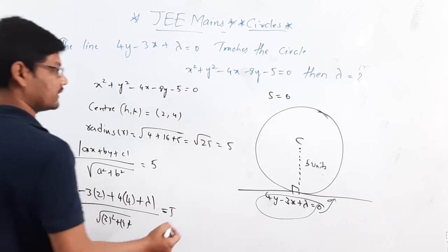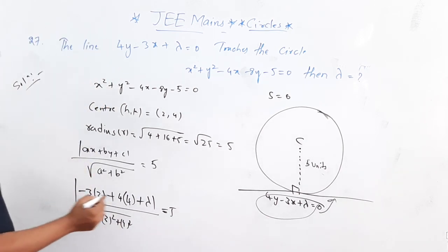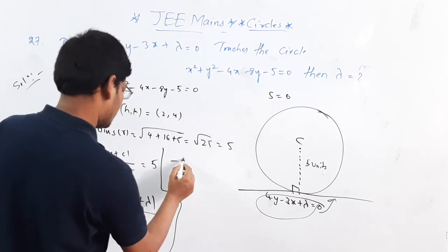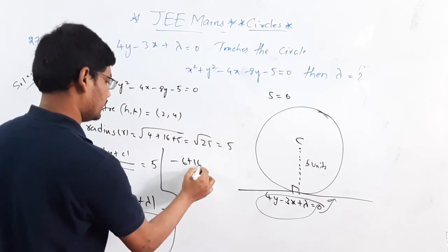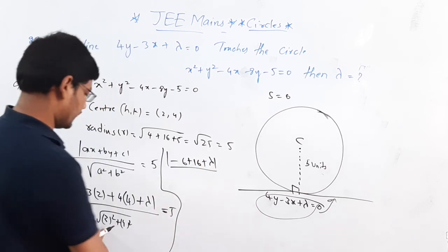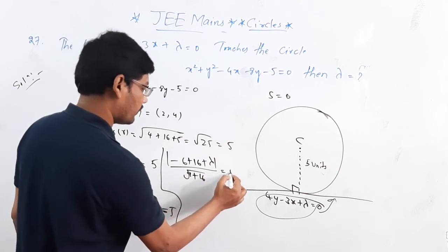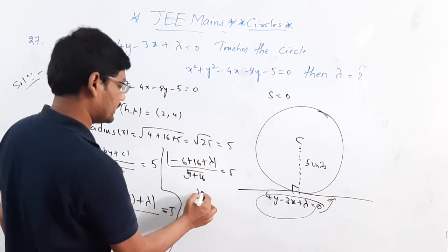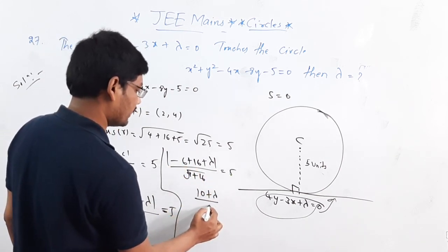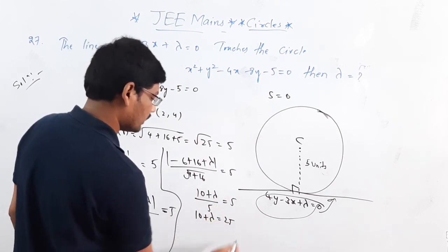Solving, minus 6 plus 16 plus lambda, divided by square root of 9 plus 16, which is square root of 25, which is 5. So 10 plus lambda divided by 5 is equal to 5, so 10 plus lambda is equal to 25.